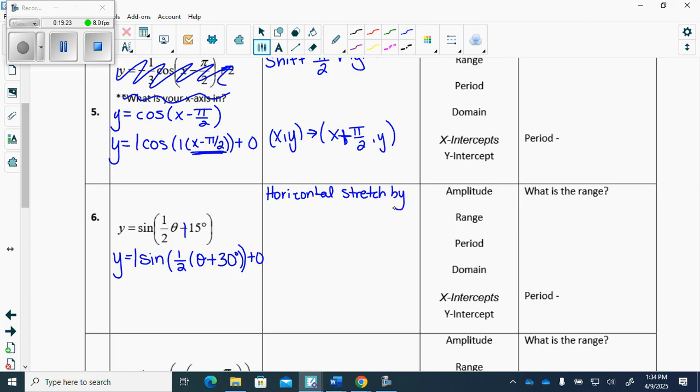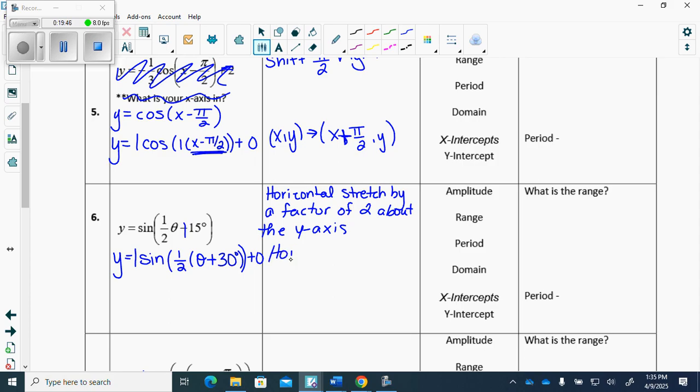Okay, this one, we have a horizontal stretch by a factor of 2 about the y-axis. Remember, x's be crazy. They do the opposite, right? And then this one is in degree mode now. Because look, C is degrees.